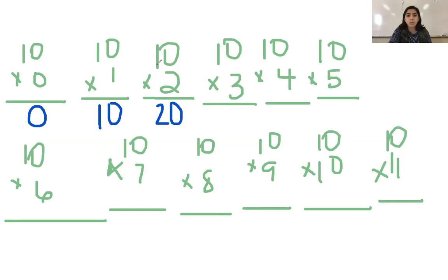So 2 times 1 will always give me this number. 3 times 1 will always give me this number. It will always show you that 1 is like a mirror. And the number that stands before the 1 will tell it who it is, right? The 1 will tell it who it is.